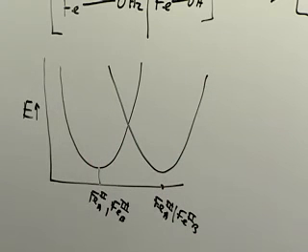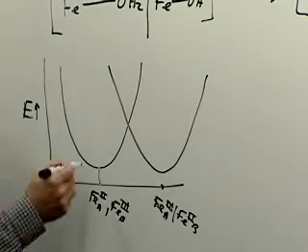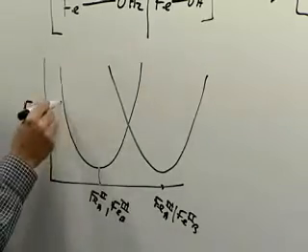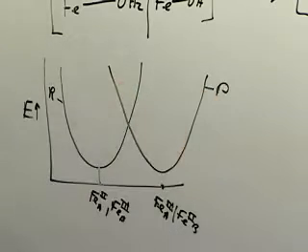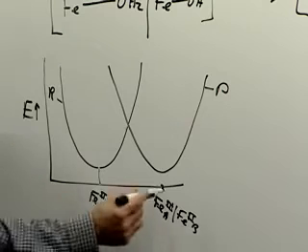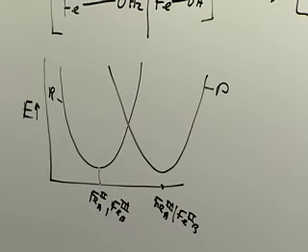So what we've drawn is a potential energy surface where this is what we would call the reactants, and this is the products. And we want to talk now about moving along that potential energy surface. Now, this coordinate is a nuclear coordinate. It's the motion of nuclei.